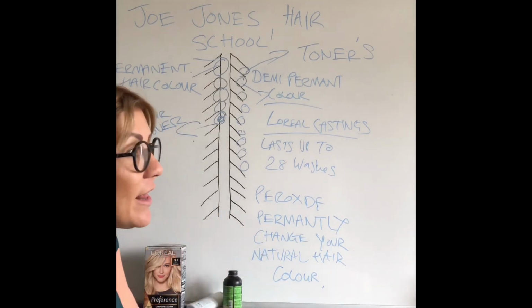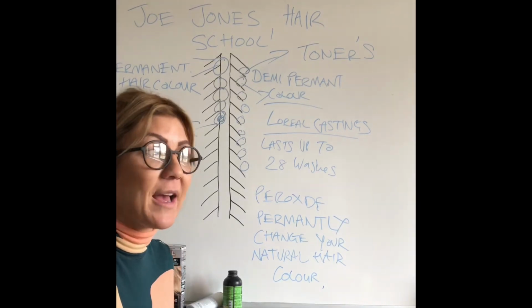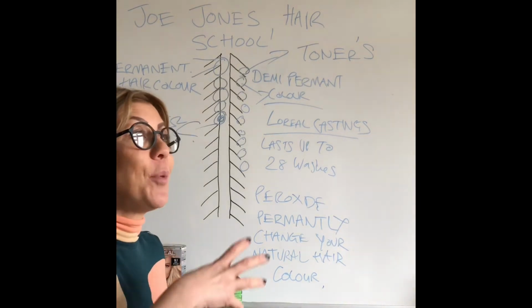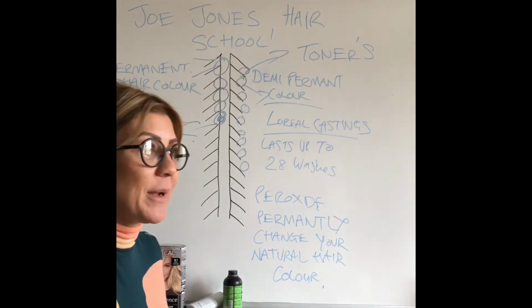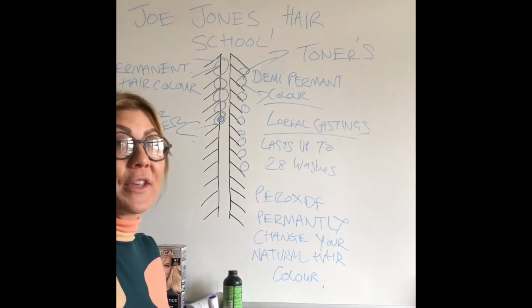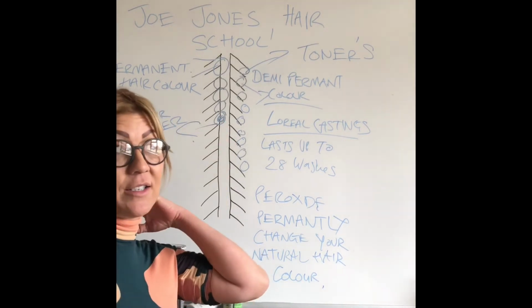It's really important to remember when colouring your hair, because people think that if you put a permanent colour on your hair, then three months down the line it's not going to be there anymore, and that's not the case. Even though you think it's faded out, the pigment is still in there.